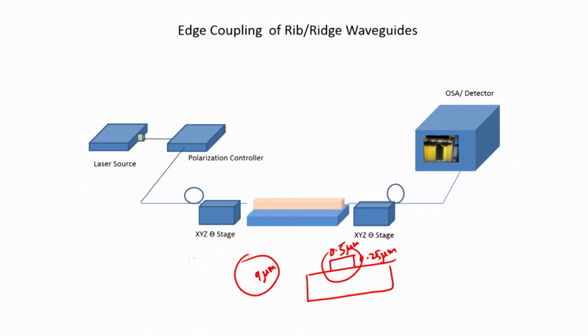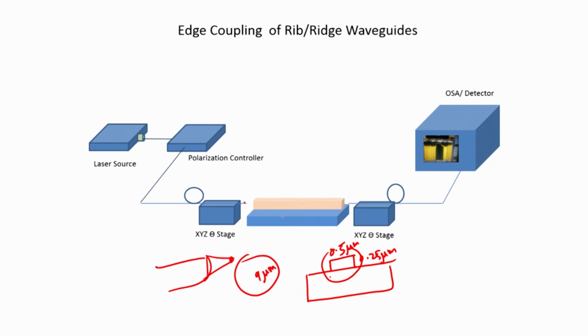So, a lensed fiber is used to focus light onto this. Even then you have a circular mode spot which may be slightly more than this. So, there is a mode mismatch between the input light and the mode of the optical waveguide. This is one of the important characteristics of the measurement process.